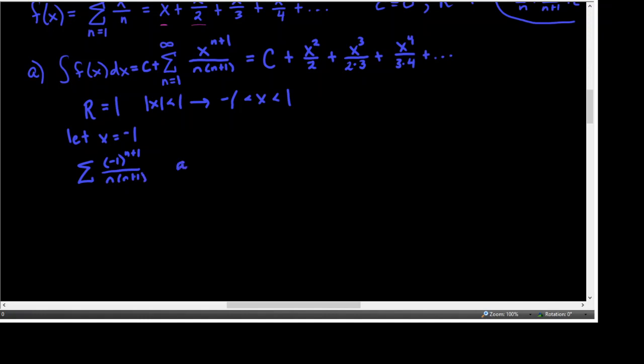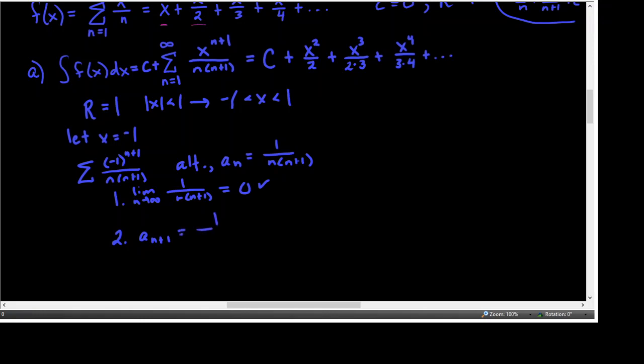is an alternating series. A sub n is 1 over n times n plus 1. Test 1 of the alternating series test. What is the limit as n approaches infinity of a sub n? And that's pretty easy to see. That's 0, and that passes that first test. Second test, what's a sub n plus 1?